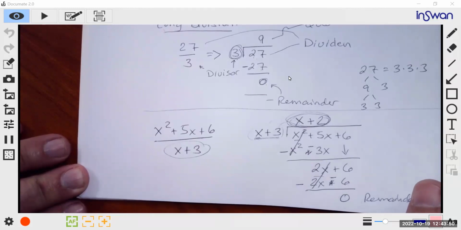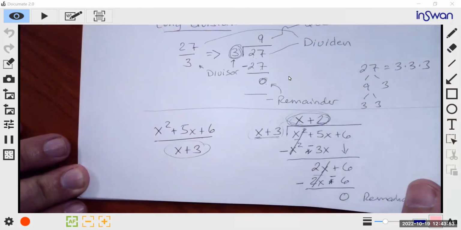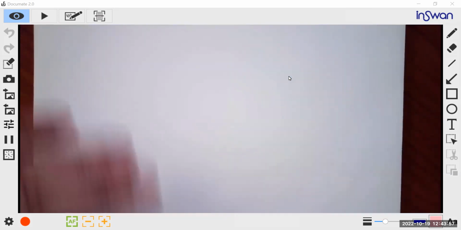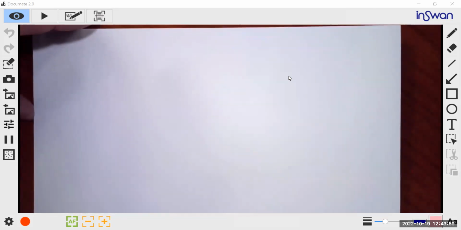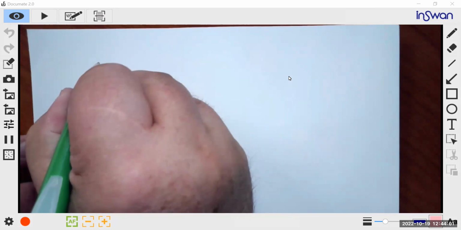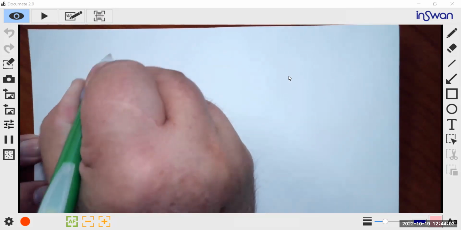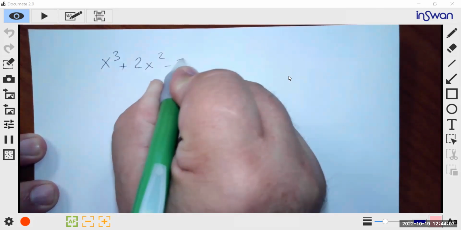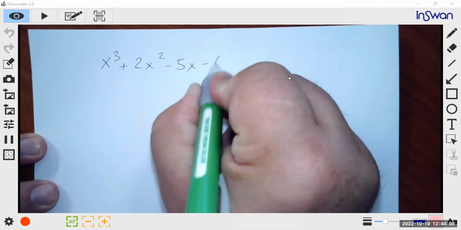Let's try another one. Let's do a bigger one. Let's say x cubed plus 2x squared minus 5x minus 6.